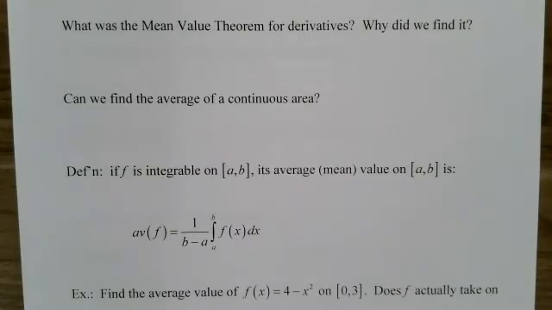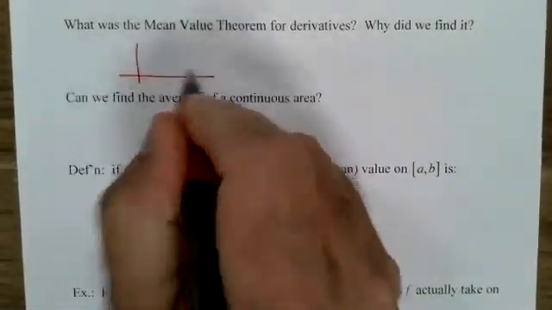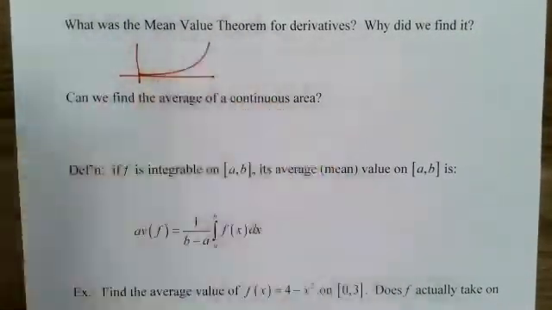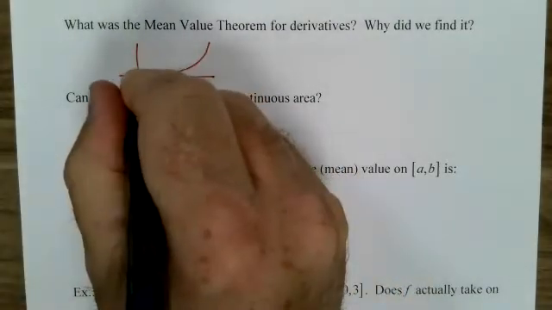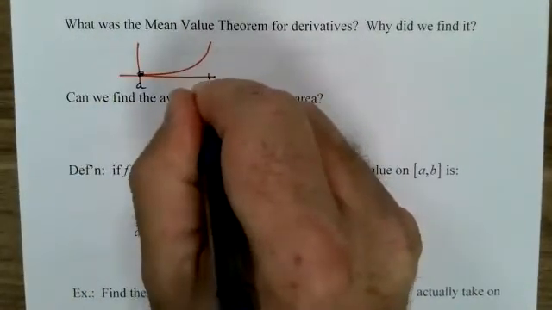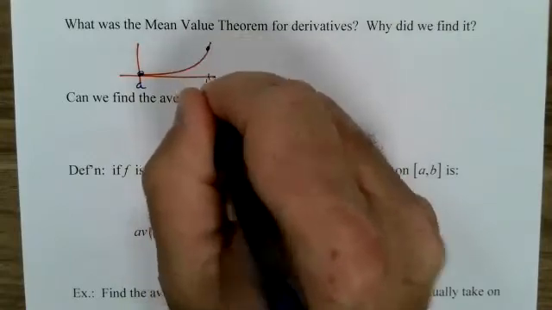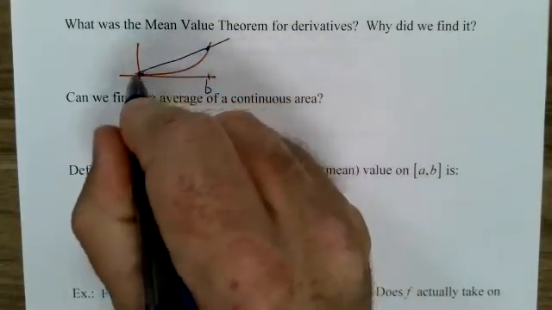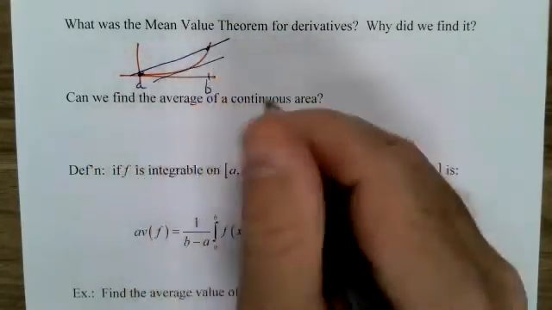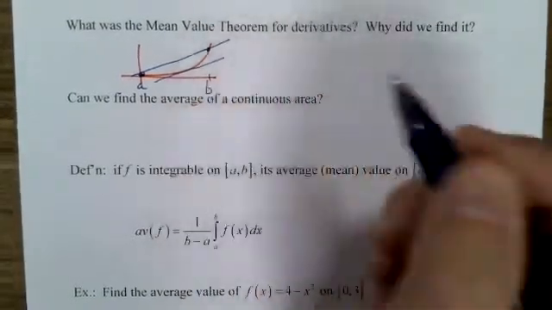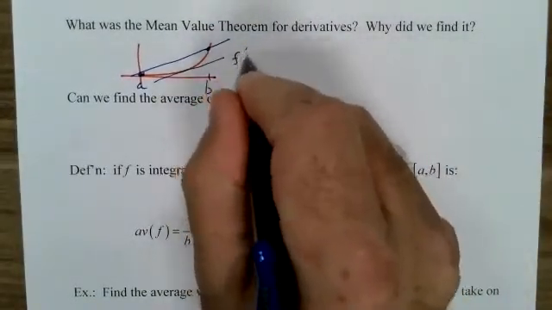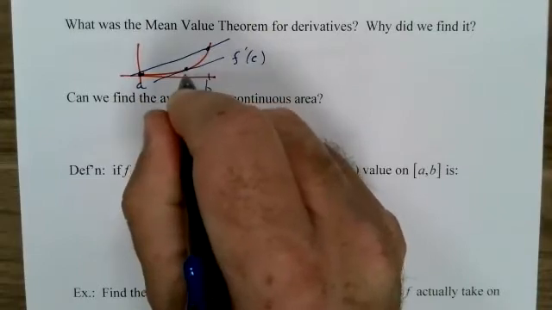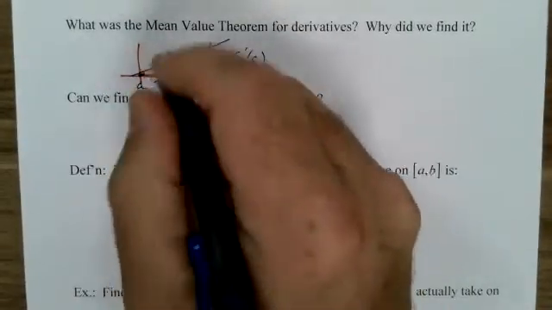So, mean value theorem for derivatives. Some funky curve, interval from A to B, parallel lines. F prime of some C, and then slope.